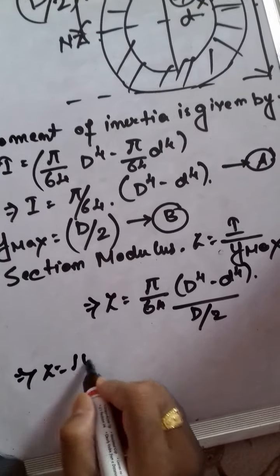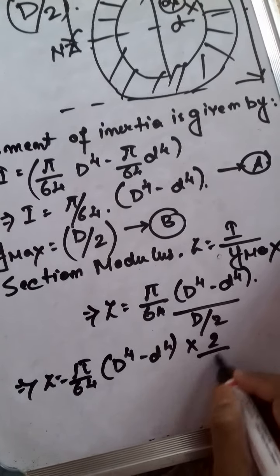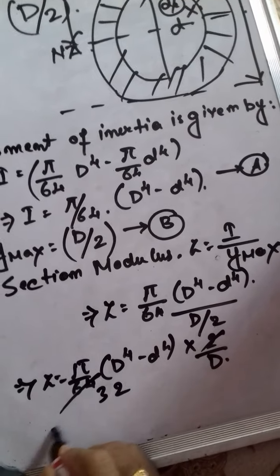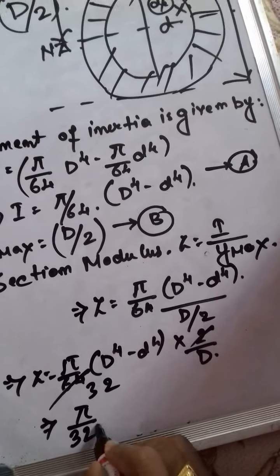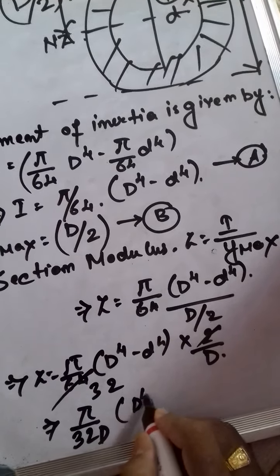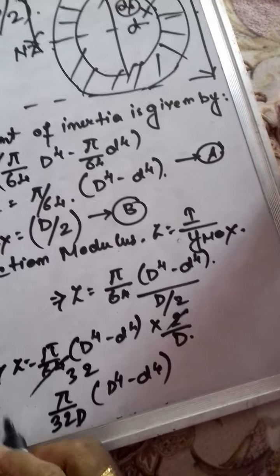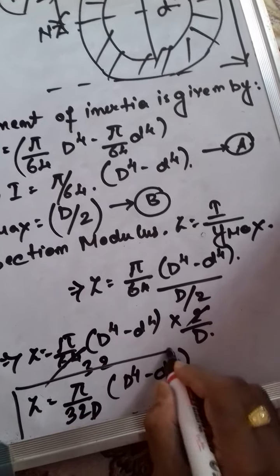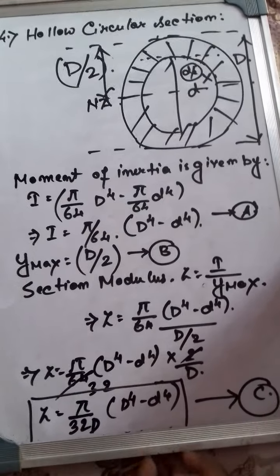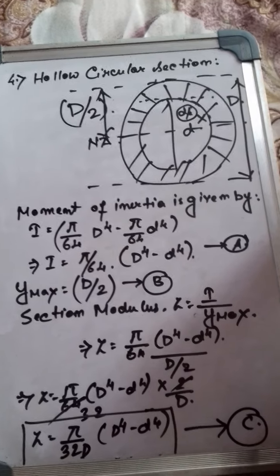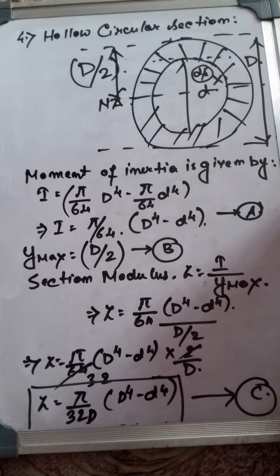So Z will be equal to pi by 32D bracket of (D to the power of 4 minus d to the power of 4). See, this is the section modulus for a hollow circular section, pi by 32D (D to the power of 4 minus d to the power of 4). So I think the section modulus for all the sections is clear, right? So in the next video we will start off with some problems. Thank you.